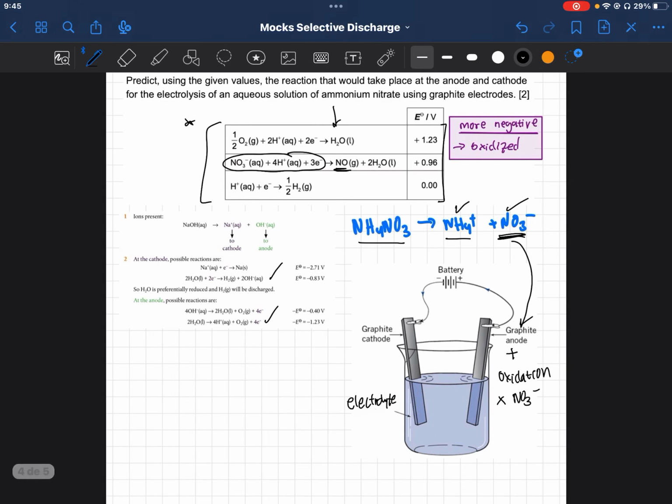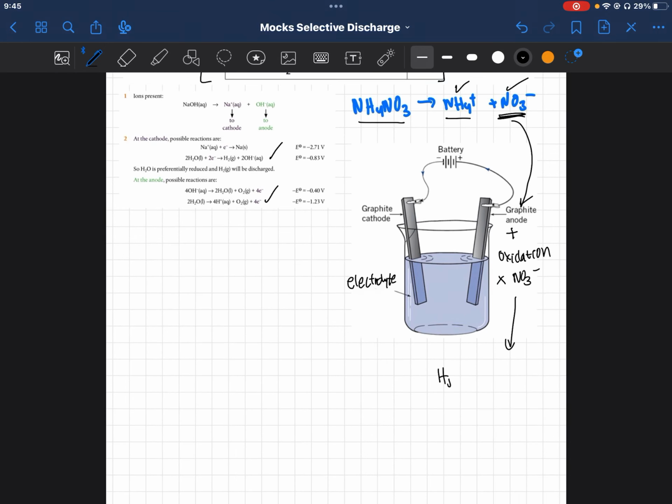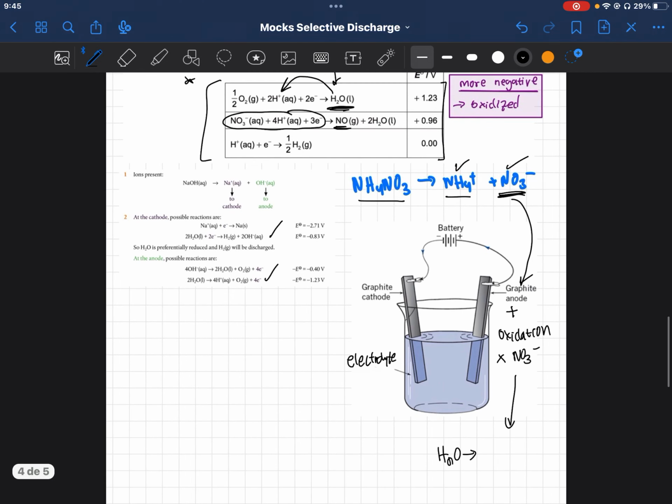I don't know what its standard electrode potential would be. So the only option that I would have would be water. Water could be oxidized. I definitely have water in there, and this reaction can just go in reverse to oxidize water. So I can get here H2O yielding 1/2 O2 plus 2H plus 2 electrons.